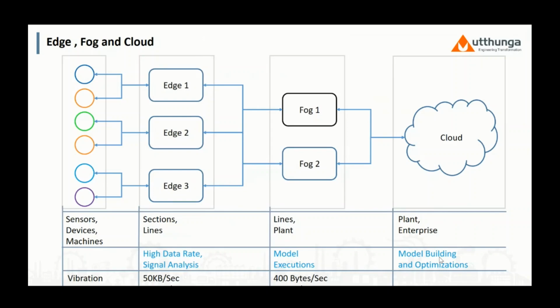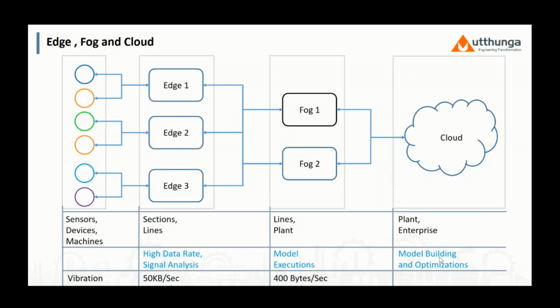Edges can mostly be looked at as sections. They take care of the sections and the lines in the plant, where they are very close to the sensor devices, and they are characterized by very high data rate processing. They keep getting data at a very fast rate, and we keep processing it at a very high rate, especially for signal analysis.